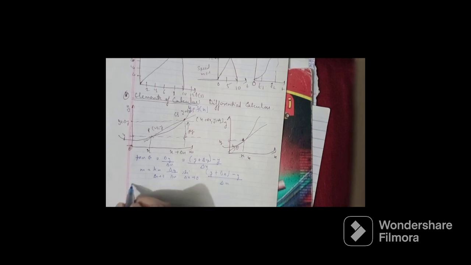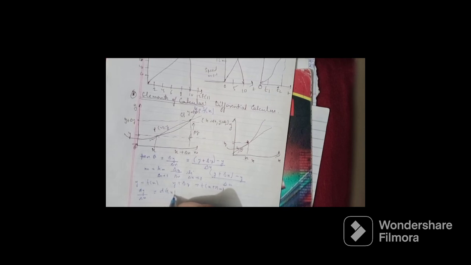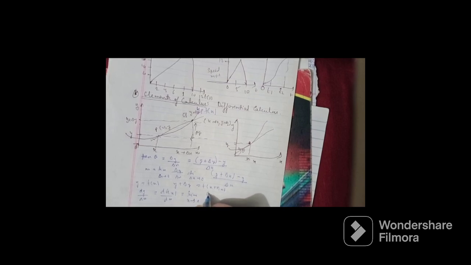Since y equals f(x), y plus delta y equals f(x plus delta x), we can write the definition of the derivative as dy by dx equals df(x) by dx, equals the limit as delta x tends to 0 of (f(x plus delta x) minus f(x)) over delta x.